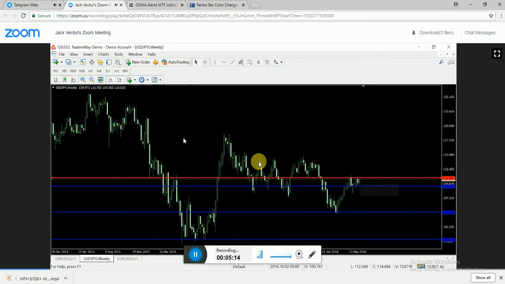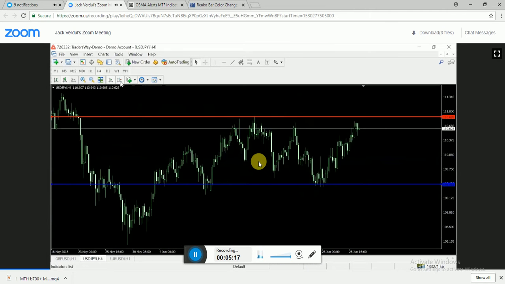But right now, actually, it's not really safe at the moment to get in because it's about to hit the main resistance. That's right here. That's the zone that it's in currently.